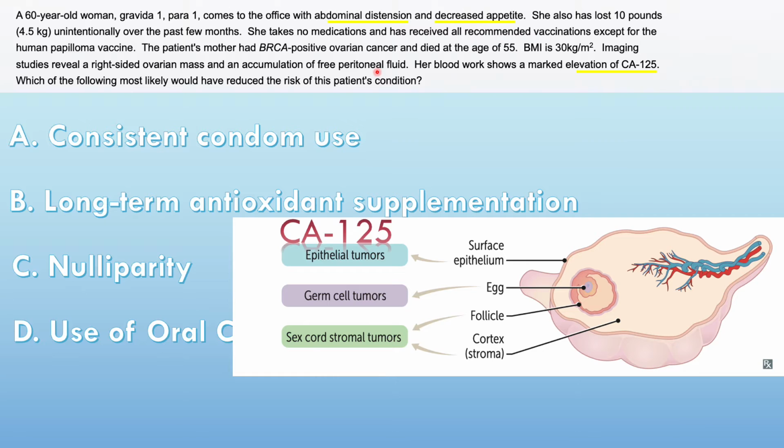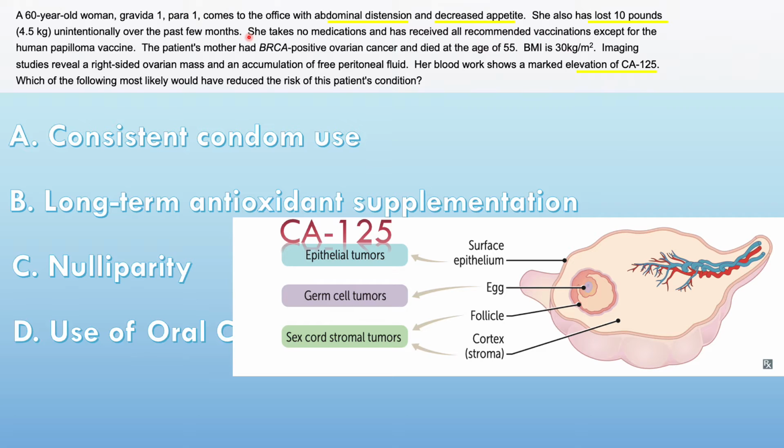You gotta understand that ovarian cancer metastasizes to the peritoneum, which is probably why she has abdominal distension and decreased appetite. And I'm gonna show you a picture in the next question about how peritoneal metastasis can lead to this picture.